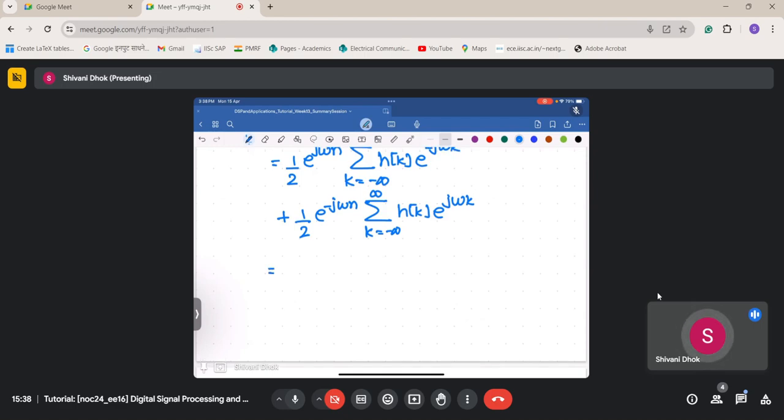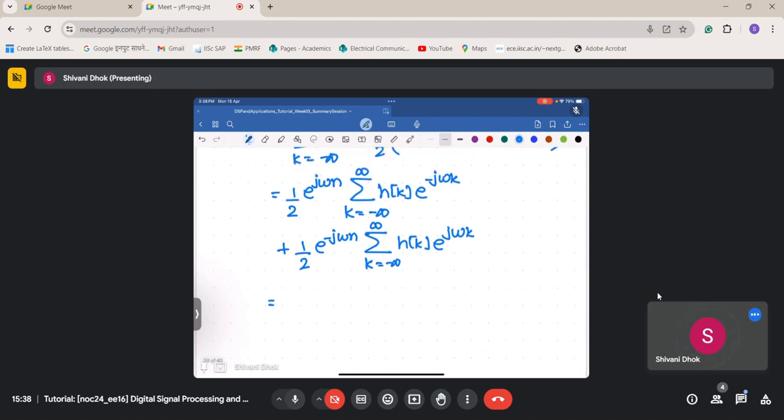So the first term, this thing here, is simply the Fourier transform of h of k. So this is simply the DTFT of h of k.